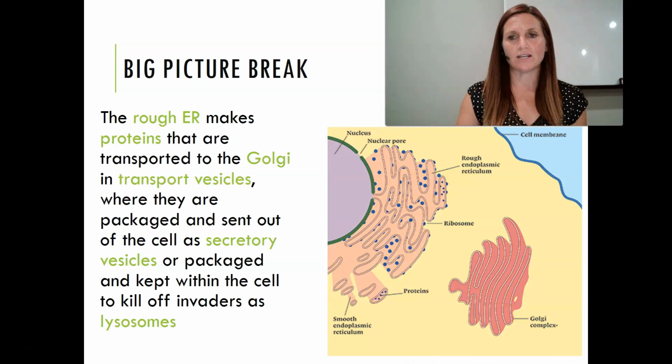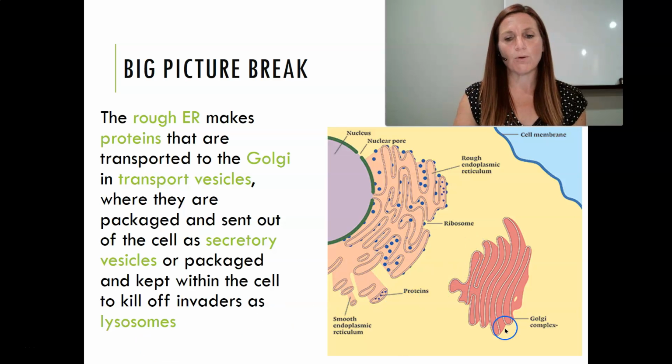One of the last things we're going to talk about today is this big picture break. What we're seeing here is that our rough ER makes proteins. These proteins then get transported to the Golgi in something called a transport vesicle.